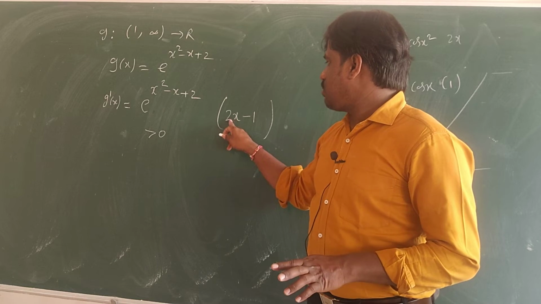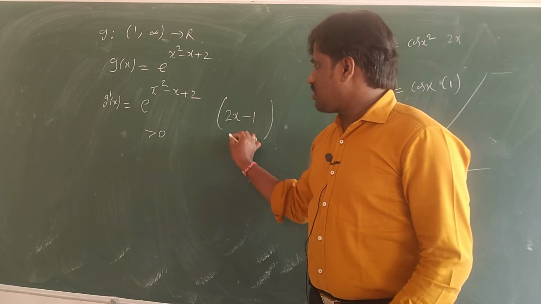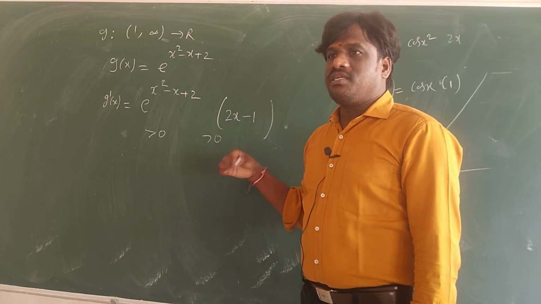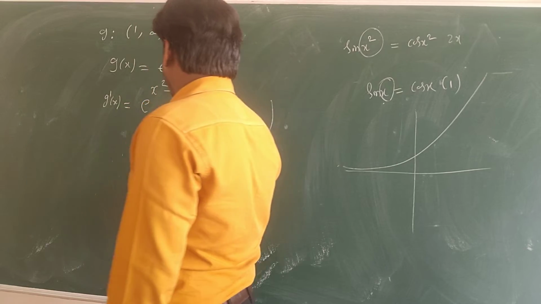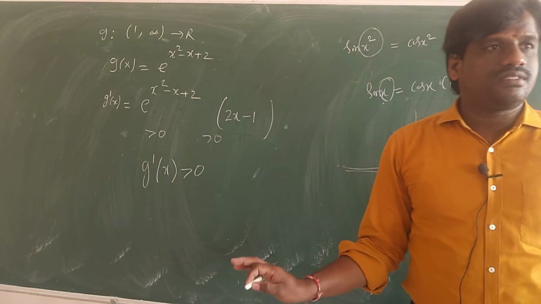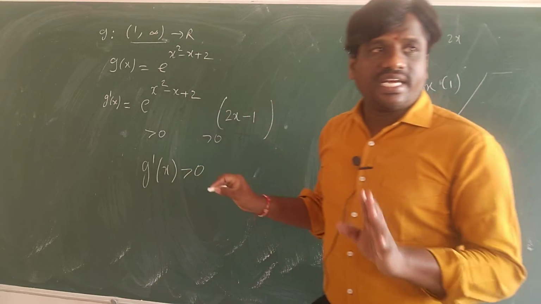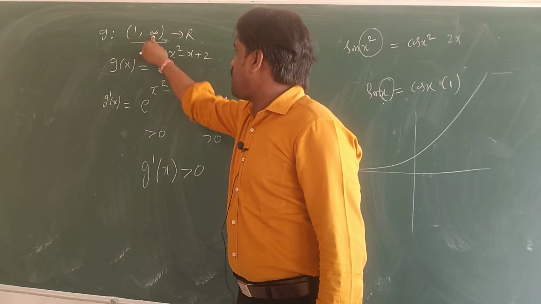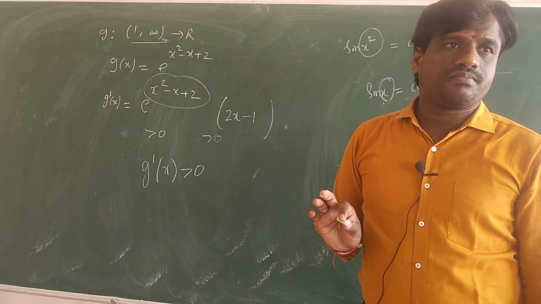Suppose I keep 1, 2 minus 1 is 1. If I keep more than 1, I will get positive. So this is also positive. Finally, you understand that g dash of x is positive in the entire domain. In the entire domain, if you substitute 1 to infinity in this, will you get positive or not? Check it.